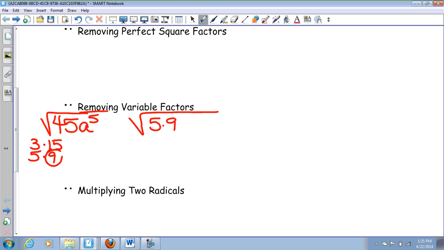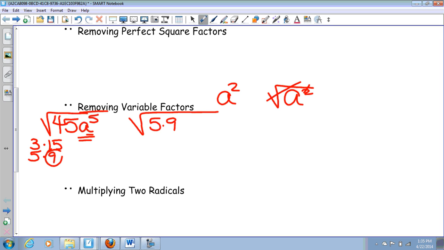Now, when we look at our variables, when we talk about the square root of something, that's the inverse of squaring a number, right? So if I have the square root of a squared, these two things pretty much cancel everything out, and it's left a squared, or just a. So when I look at a to the 5th, I want to try to put it in groups of 2.